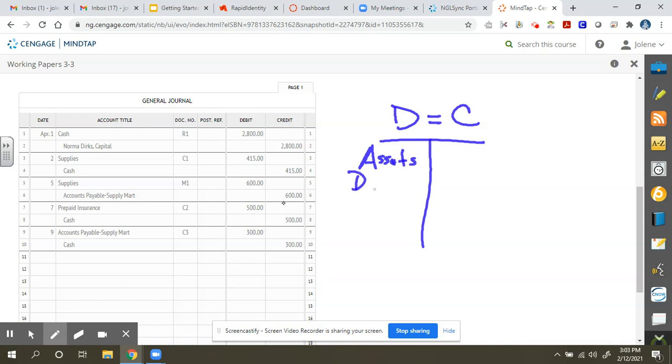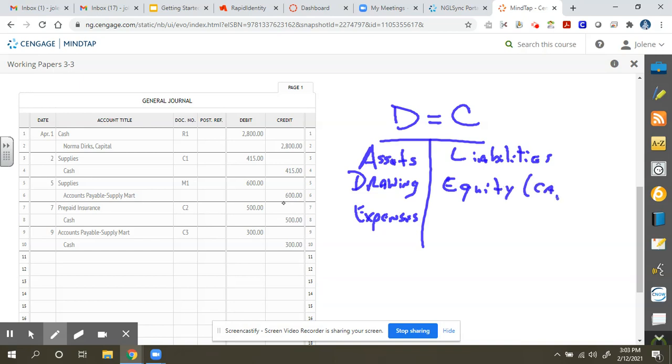And then we have assets. We have drawing, which we'll be using today for the first time. And we have expenses. We have liabilities. We have equity, which is the capital account. I'll just put in parentheses, capital account. So that would say Norma Dirks Capital.